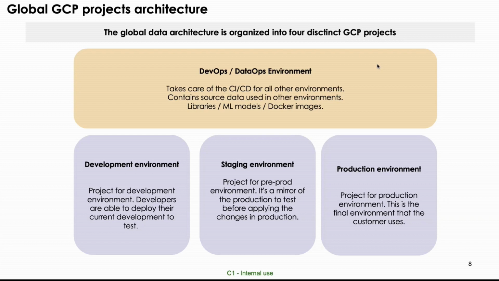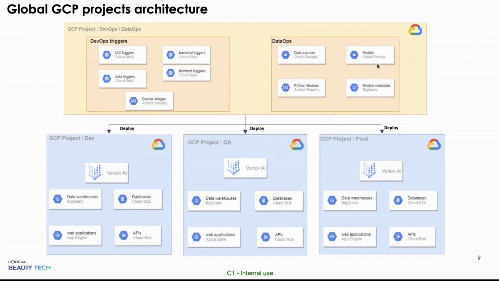Sometimes it happens that all the trainings for our models are also handled in a transversal way in this project, and then they are deployed in the other environments for inference. So that was the logical view, and this is the technical one. Just so you know the basic services that we use, GCP.